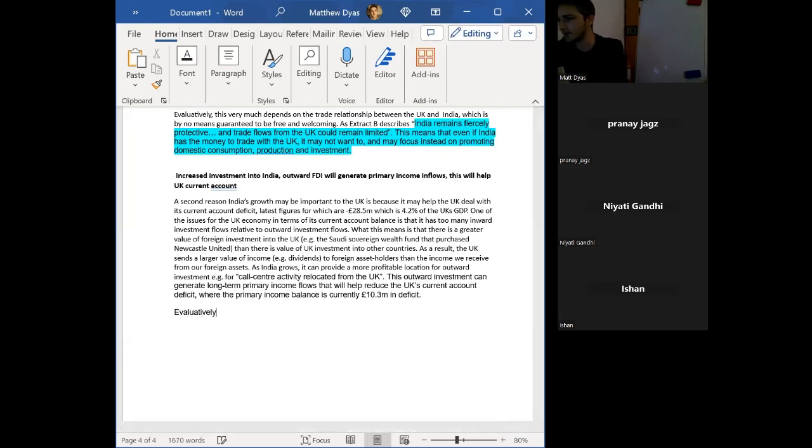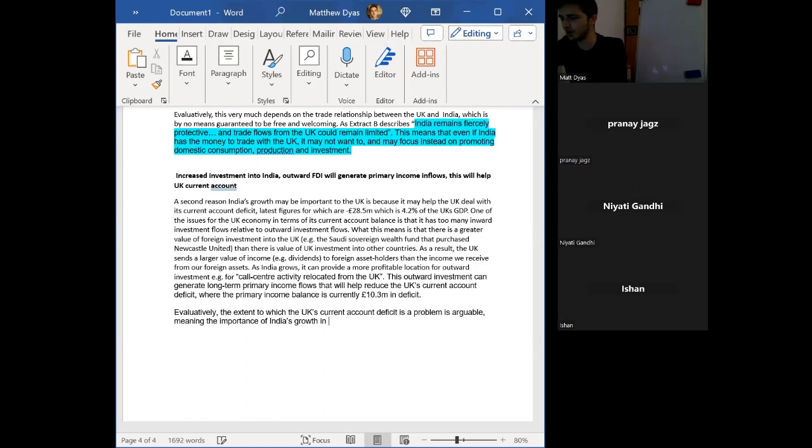So evaluatively, the extent to which the UK's current account deficit is a problem is arguable, meaning the importance of India's growth in ameliorating.